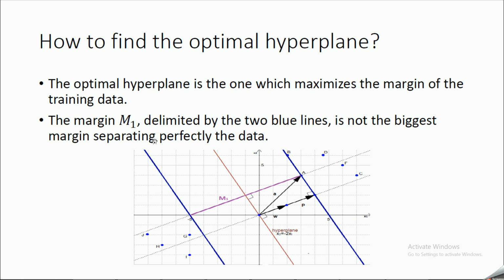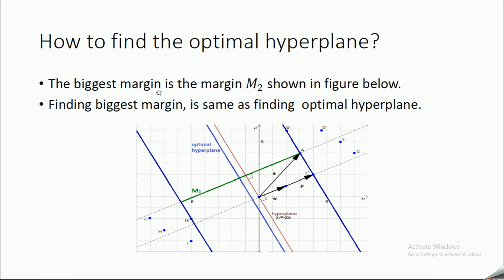Alright. So if you see M1, which is represented by these two blue lines, it is not the biggest margin space. Why? Because if you see over here on the left hand side, there are still no data points or support vectors lying on this, which indicates you can extend this margin towards the left until it reaches this point G. So the biggest margin is the margin M2.